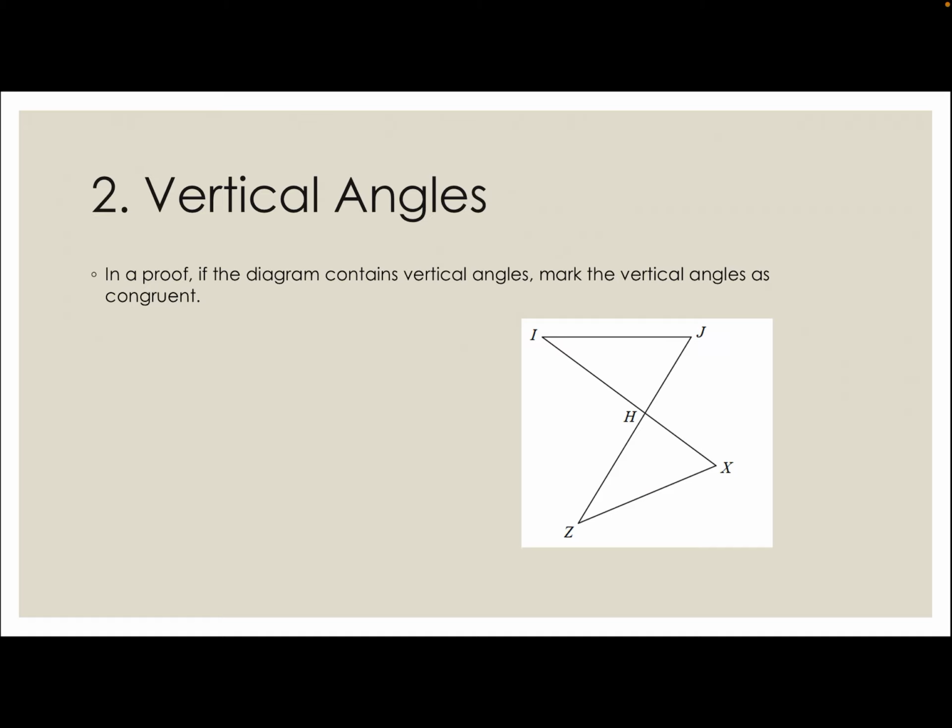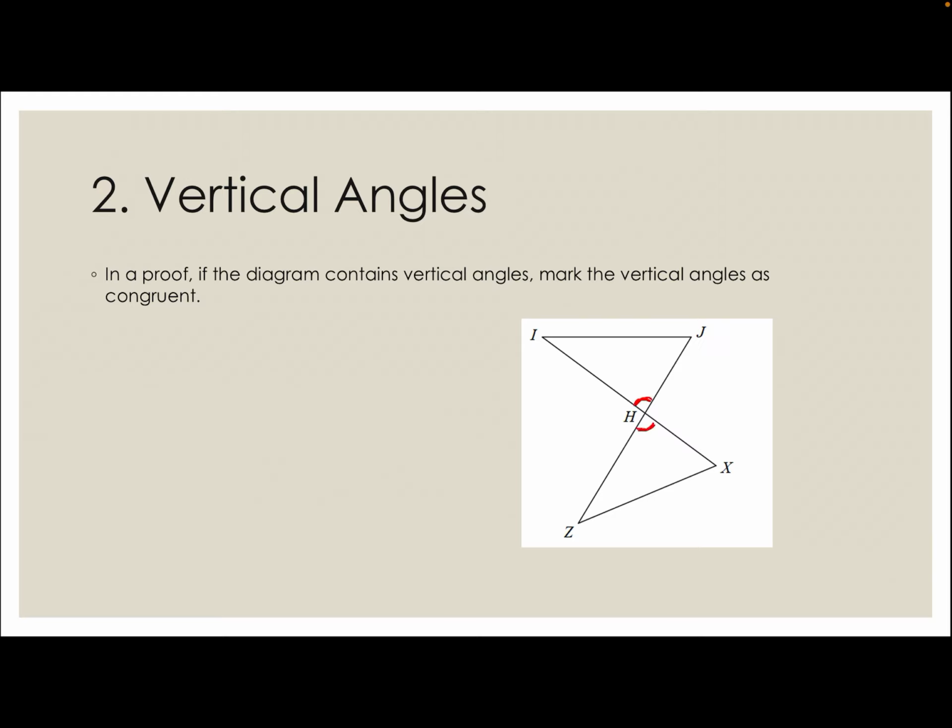Next, we could have vertical angles. Remember, vertical angles are formed by intersecting lines. So you won't be told that angles are vertical in a proof. You will just have to look at the diagram and figure that out. So in this case, we know that we have vertical angles in the middle.